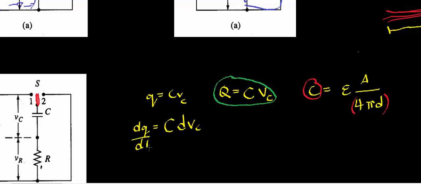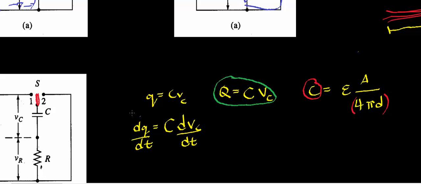Let's say we have a charge that's changing with time, and that would be proportional to a voltage that's changing with time. So if we do one thing to one side, we have to do it to the other side. Now what I've done is I've said that an infinitesimally small change in voltage with time is proportional to an infinitesimally small change in charge with respect to time. And I think that makes sense, and it's proportional through this C.